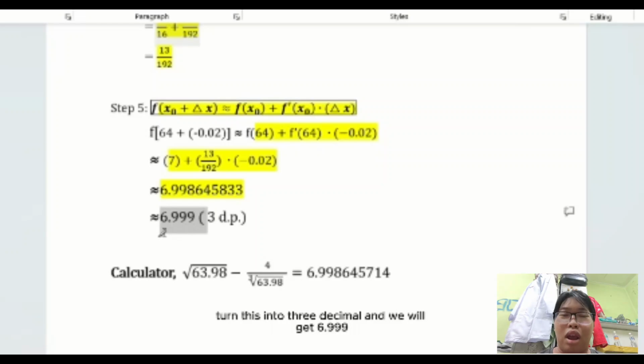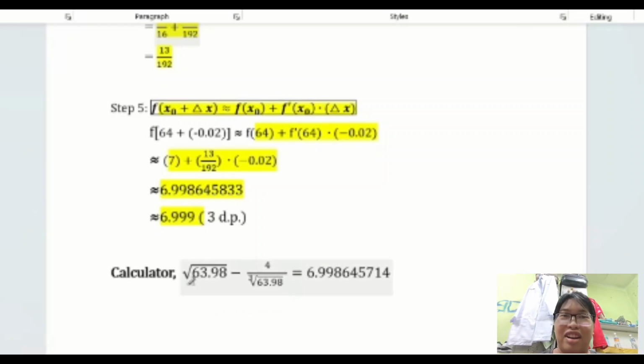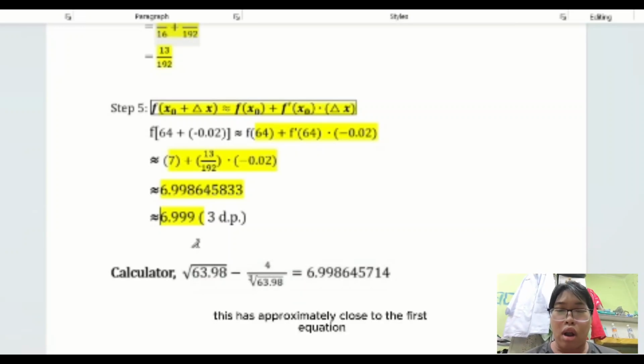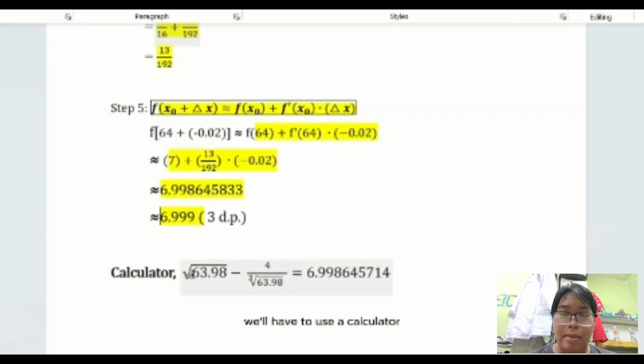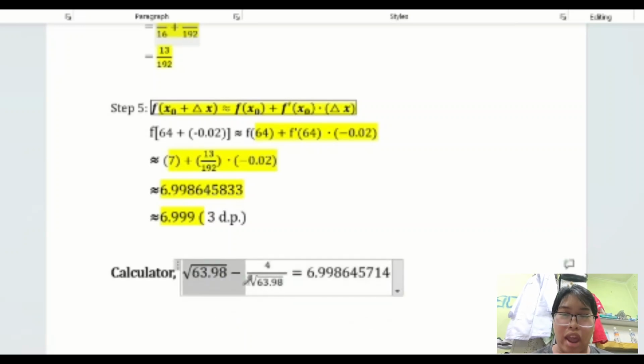Turn this into 3 decimal places and we will get 6.999.